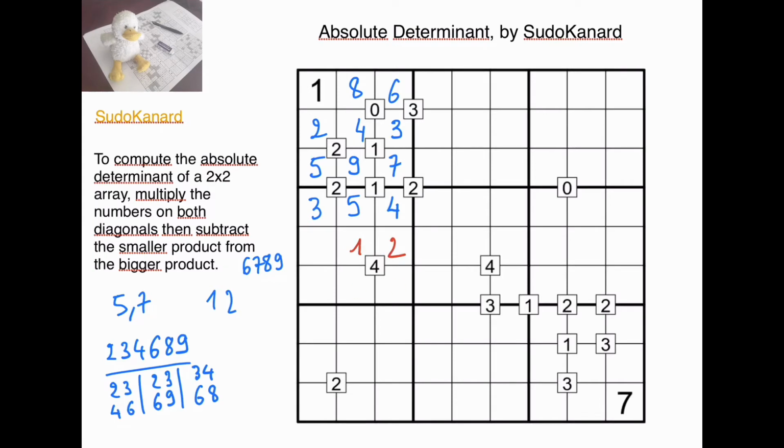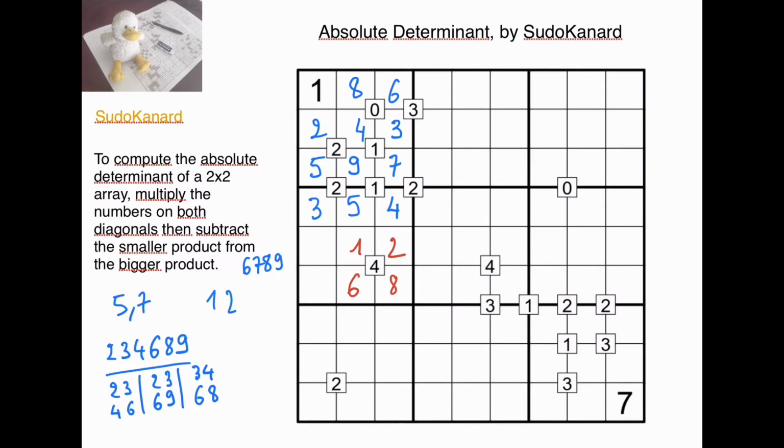And those products must have a difference of 4 with those big digits. If we put a 9 here, that's 18. We won't get any close to 14. 8, that's 16, same story. 7, that's 14. We won't go anywhere near 10, so it has to be a 6. Making this 12, and the only option here is 8.